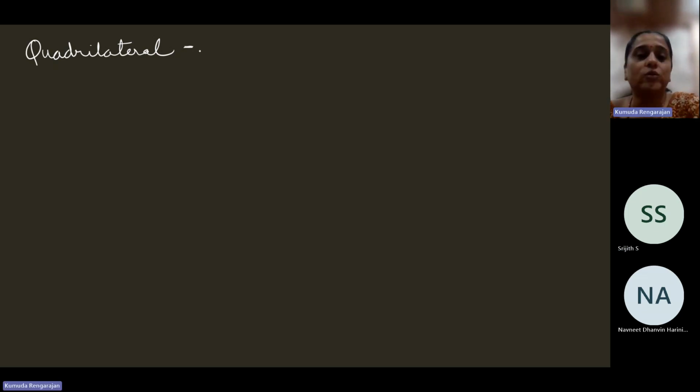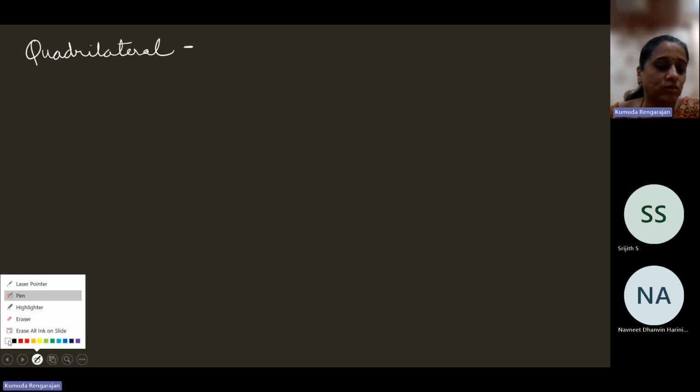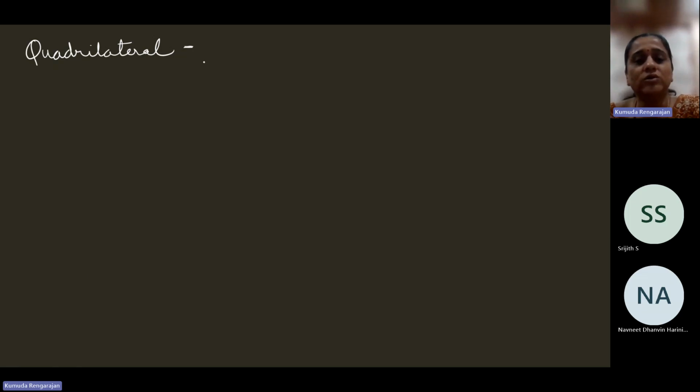Okay. So we know that a quadrilateral is a polygon with 4 sides. Now, how is it formed? To form a quadrilateral, we need 4 points in a plane.